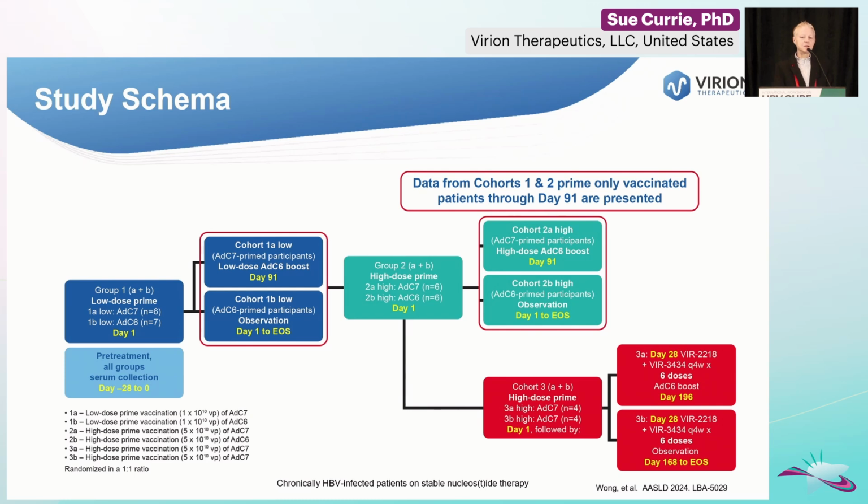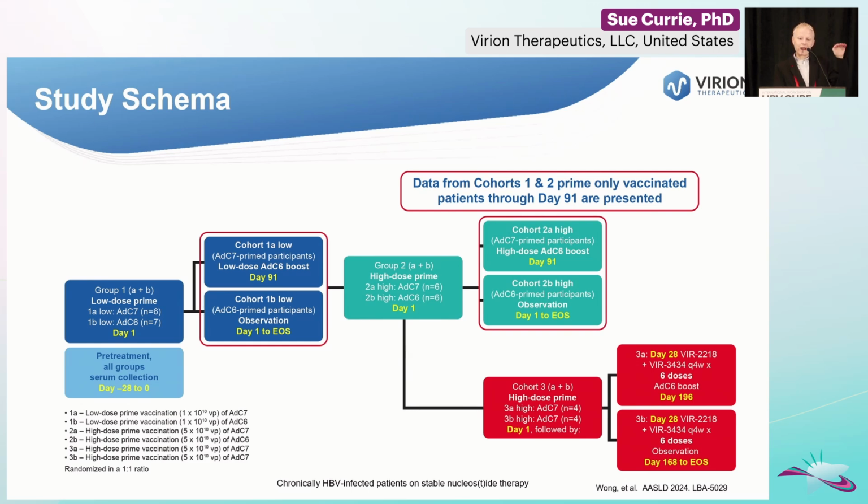The other thing, in looking at where the data is coming, is we wanted to share where our study is going. We are almost fully enrolled in cohorts 1 and 2. And cohort 3 is a new cohort that's currently enrolling, in combination with VIR 2218 and VIR 3434. It's on clinicaltrials.gov, but it's prime only.